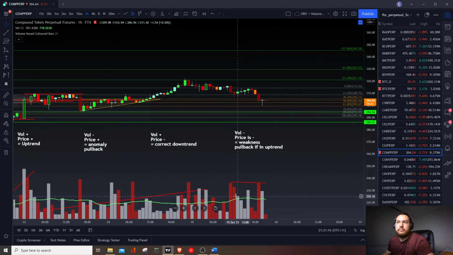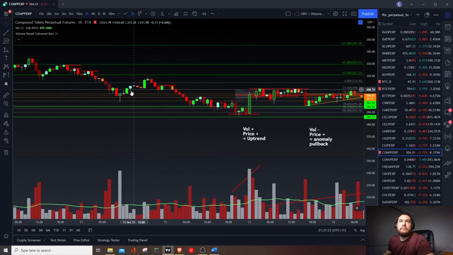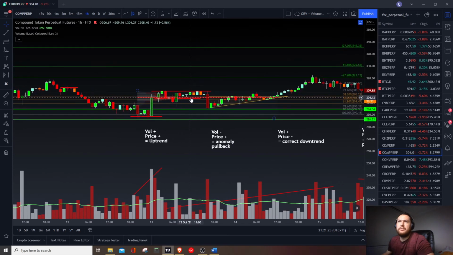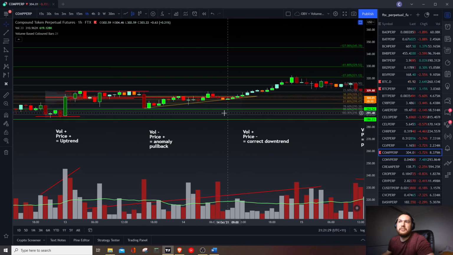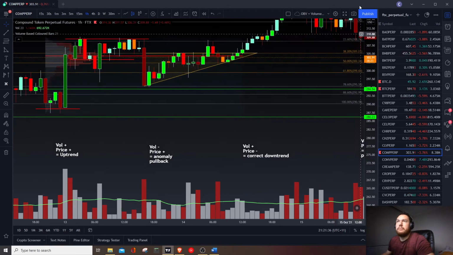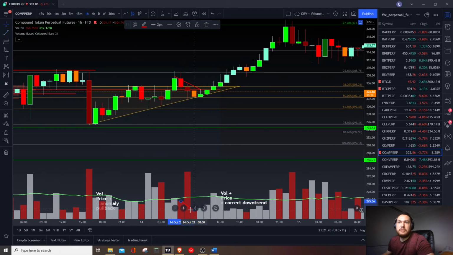Price moving up, volume moving down, pullback. And where's the pullback for? There's not really one. Oh, there is sort of here. Volume was descending down, but that candle there really wrecks the flow. But you know, that's how it goes in trading. So price action was down, but the last two candles were low volume, or descending volume.